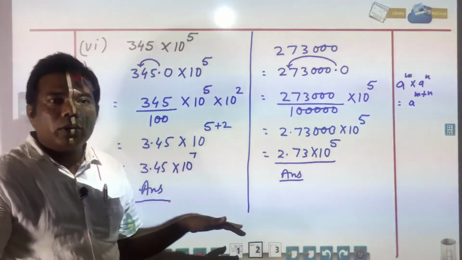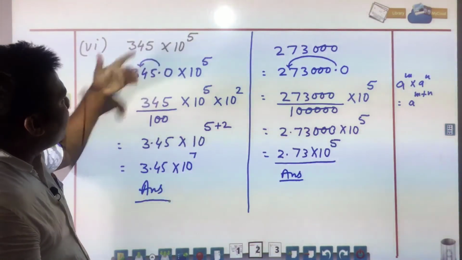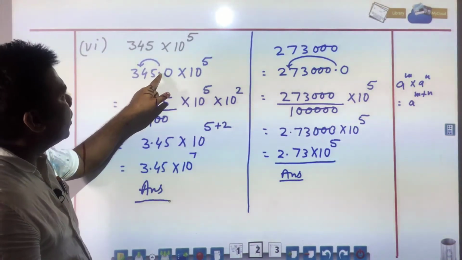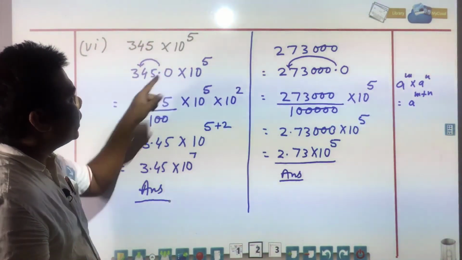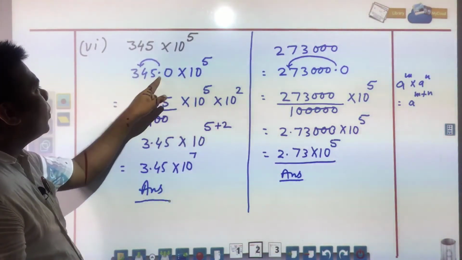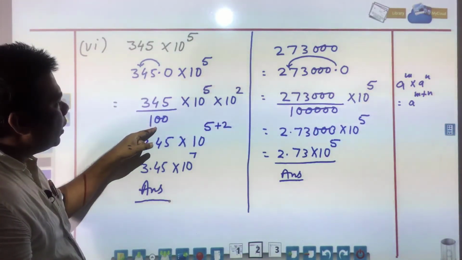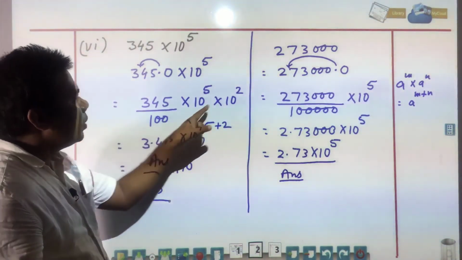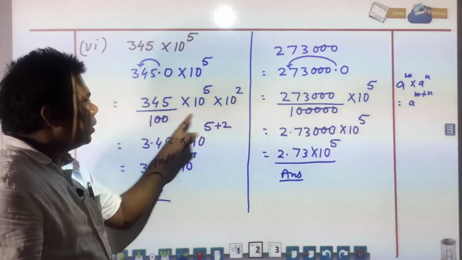I hope you understood what is needed to be done. This number you had, suppose you have a decimal over here, this is the whole number, and after that decimal you have 0. You have to bring your decimal 2 places leftward, so this is required to be divided by 100. This 100 you have written, so this is required to be multiplied also: 10 to the power 2 I have written.